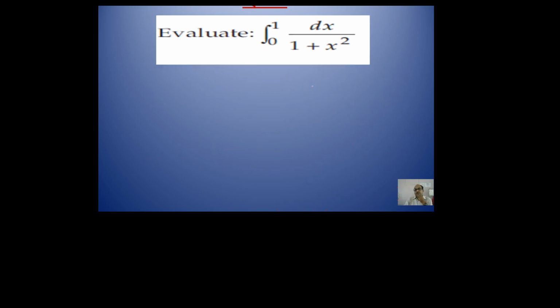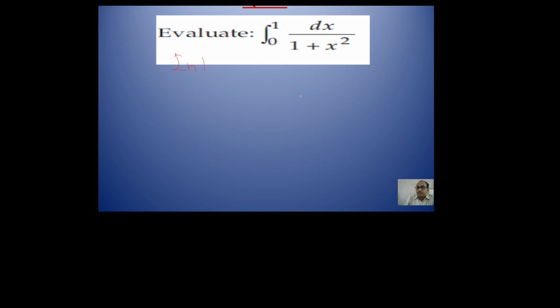Next, question number 7. Right, so question number 7 is what? This is also integration, from integration only. This one.